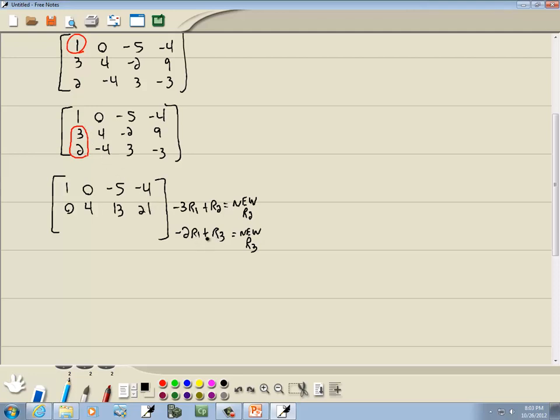Now the -2 times row 1 plus row 3. So -2 times 1 is -2, plus 2 is 0. -2 times 0 is 0, plus -4 is -4. -2 times -5 is 10, plus 3 is 13. -2 times -4 is 8, plus -3 is 5.